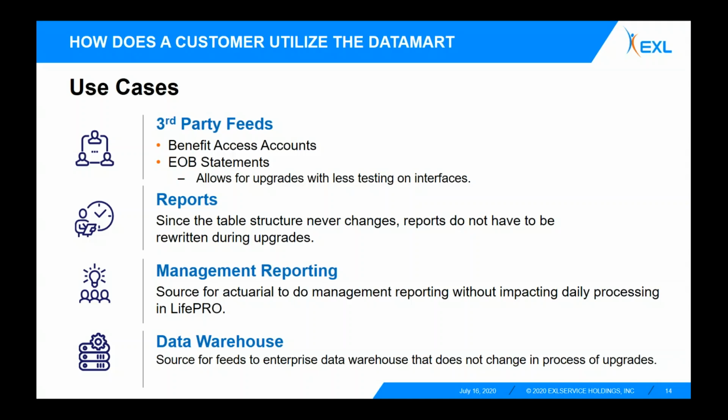It may have been binary. It wasn't easy to get to that data. Then we'd have to retest everything. We'd usually have to do heavy retesting, not only that we didn't screw up the feed, but that the feed still worked and operated in the way we needed to deliver it to, whether it's another system, another vendor, whatever that turned out to be.